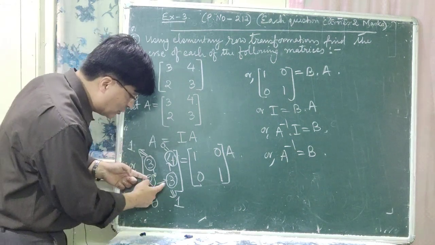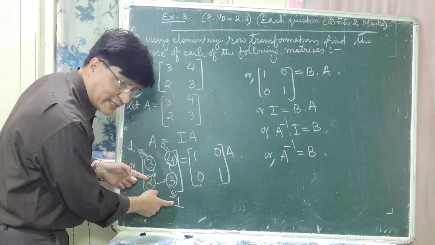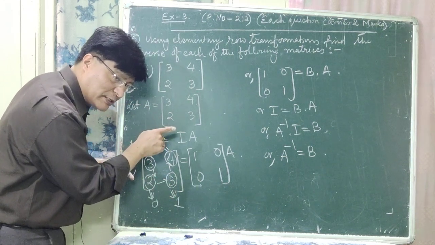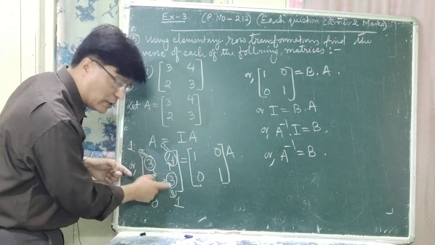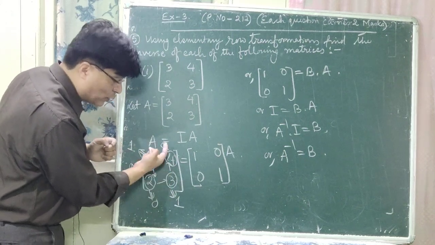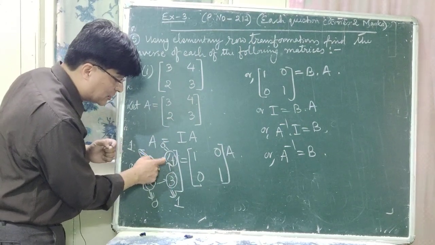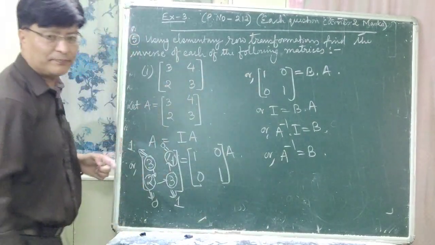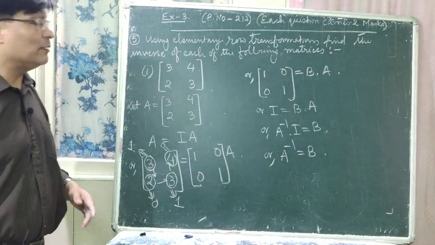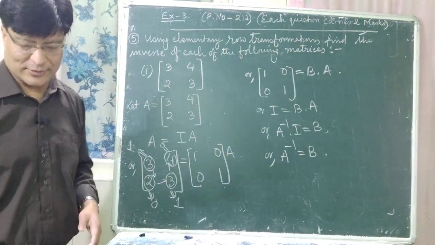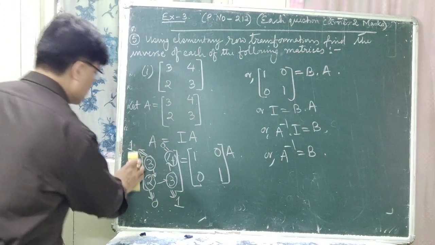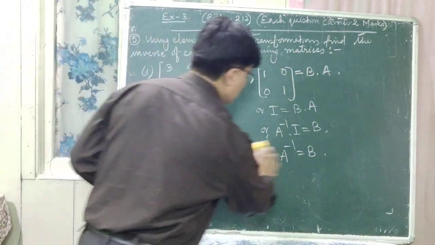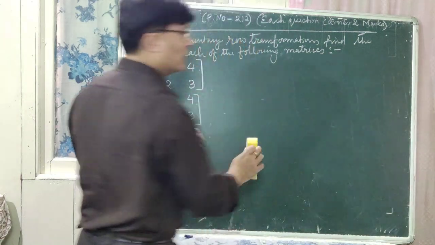Then after that, you should make this 3 a 1 using properties of determinants in terms of rows. Then go in the opposite direction, that is this term should be made 0, so that we can convert into 1, 0, 0, 1. So this is the elementary row transformation. Okay, so let us use the method now. This is the method I have written out here. Now I will do the problem.